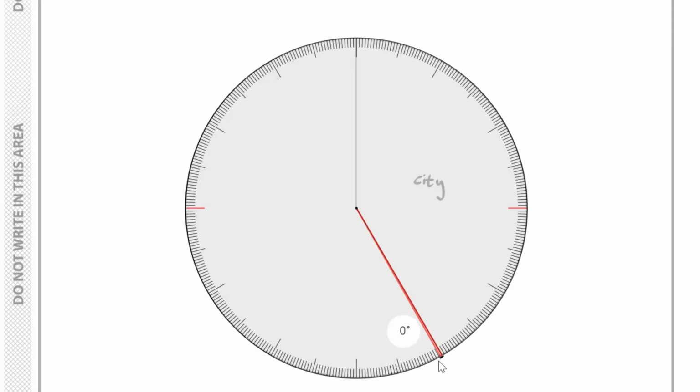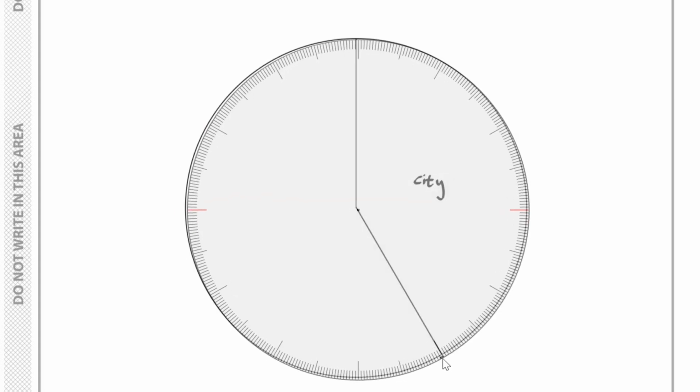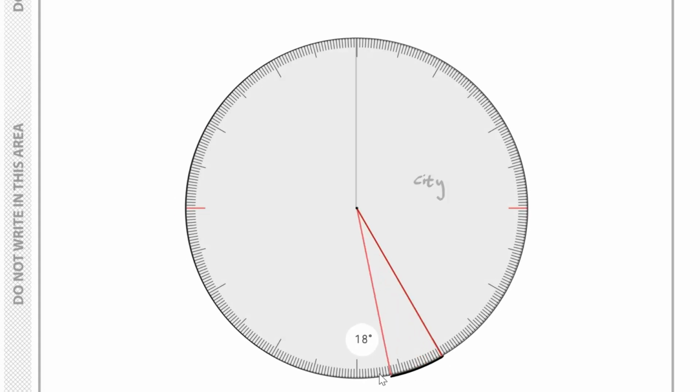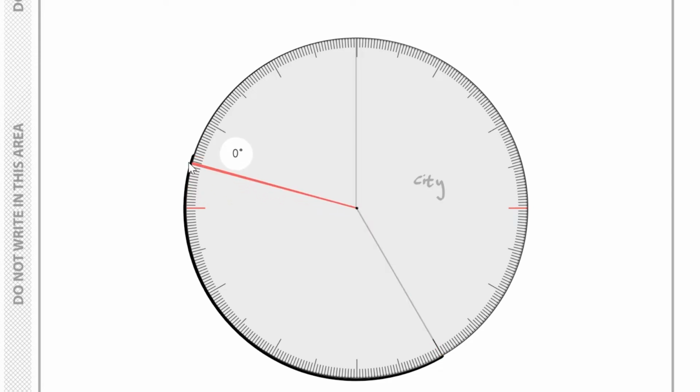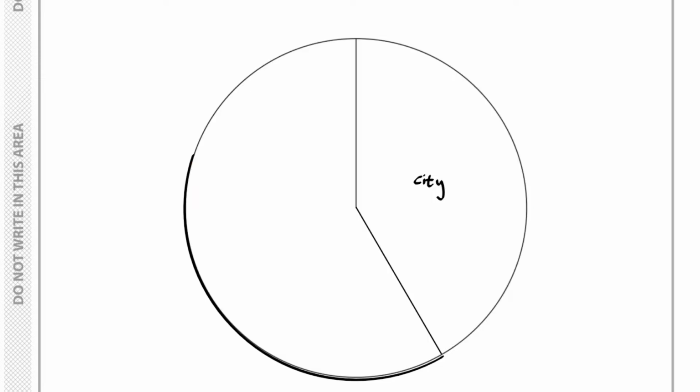So grab your protractor. So 135 degrees, that is over here somewhere. So let's just mark that on. So 135, that was over here somewhere.